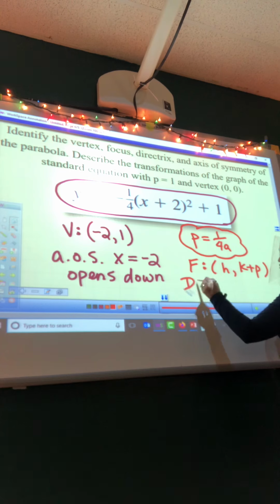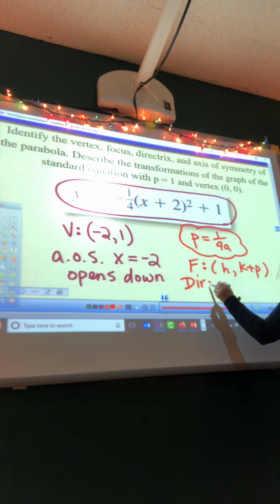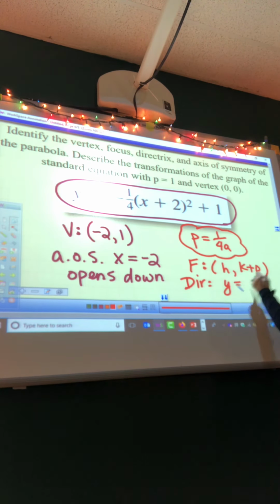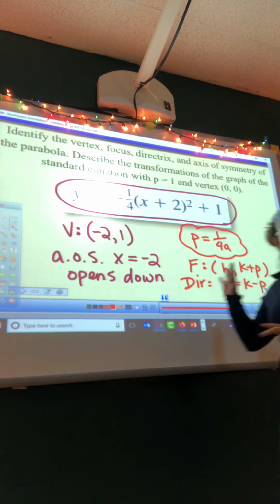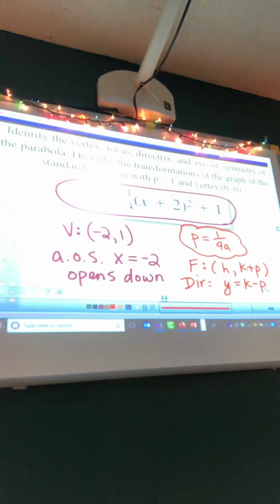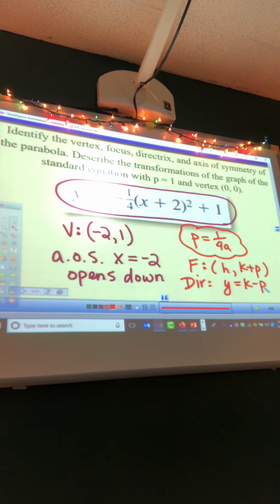And then we have directrix, and that is Y equals, instead of the plus P, you're going to have K minus P. So that was the formulas we just put in our notes. But we have to find that P first, so then we can plug in the P with the K for the focus and the directrix.